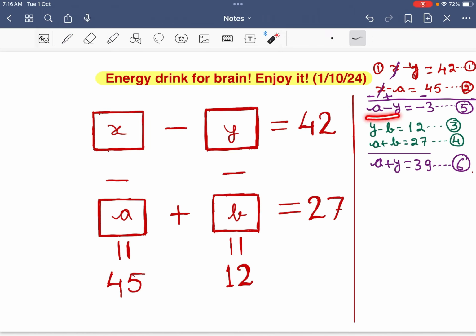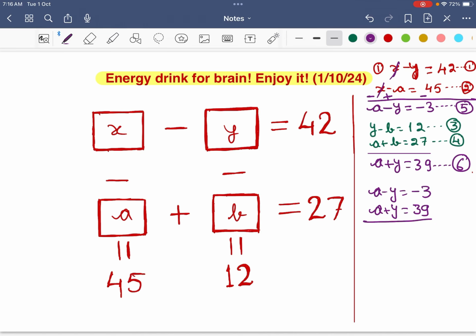Now see, in equation 5 it is a minus y, and here it is a plus y. Okay, if we add these two equations, then y will be cancelled. A minus y is equal to minus 3 and a plus y is equal to 39, right? So 2a is equal to 36 we are getting.